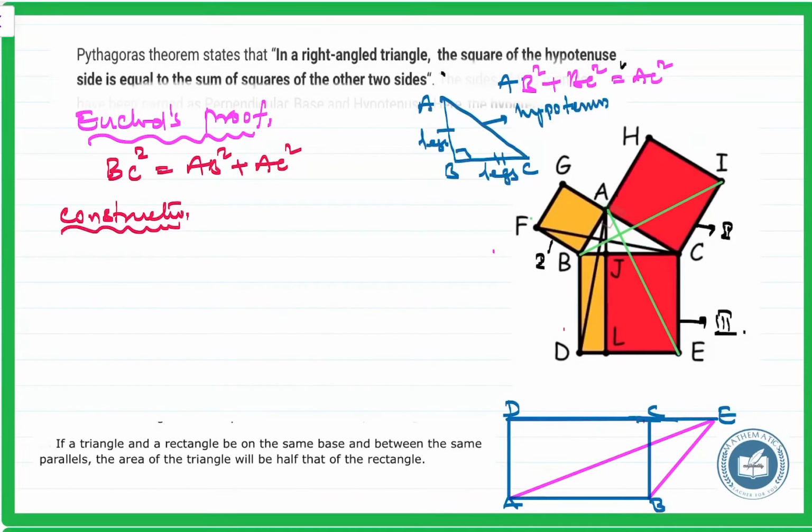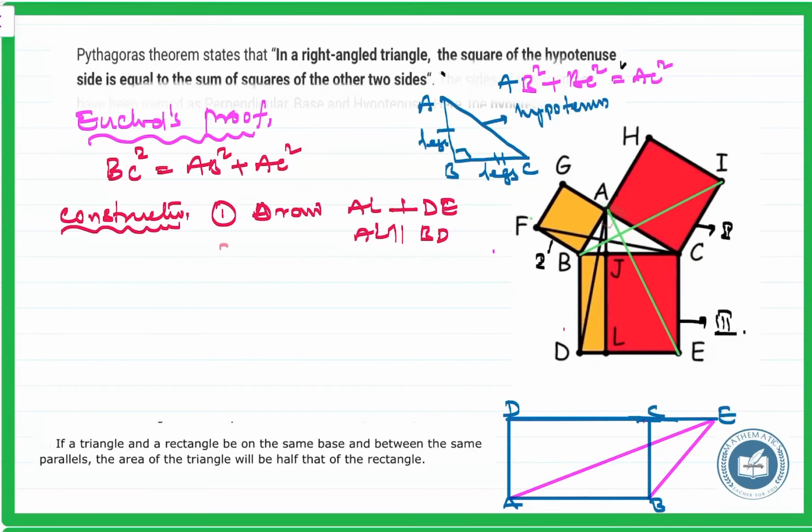In this construction, we have to draw AL first: draw AL perpendicular to DE and AL parallel to BD. AL is parallel to BD and perpendicular to DE. This is the first construction you have to do.